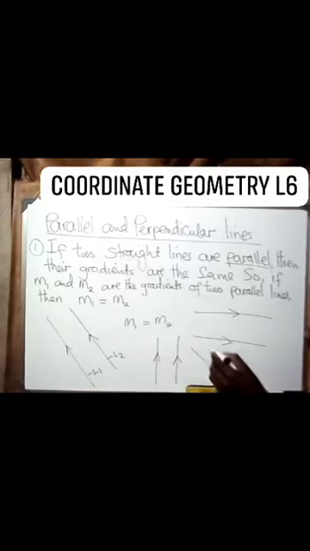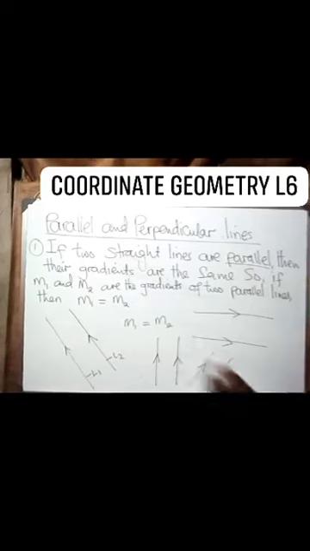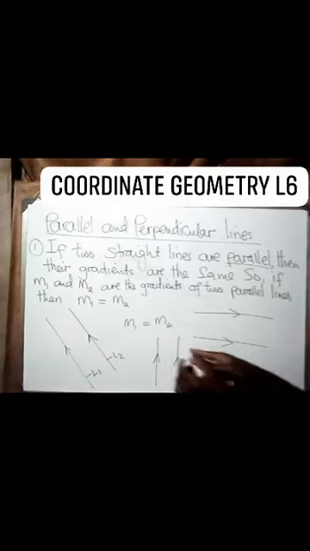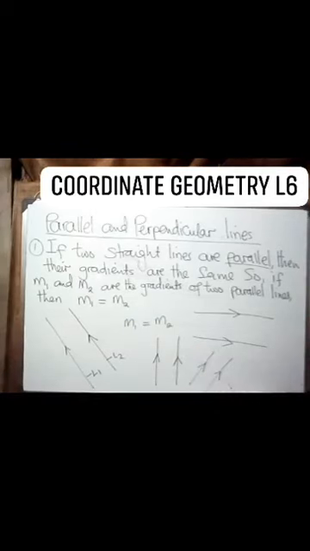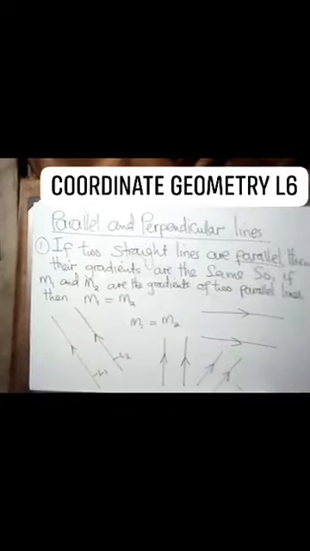It can be like this, it can be like this. These are still two parallel lines. As long as they are two, they have the same gradient. If there are three parallel lines, all of them have the same gradient.